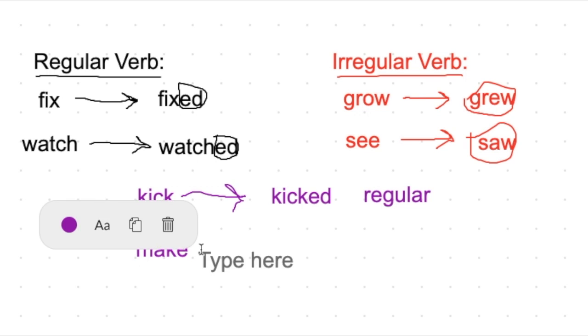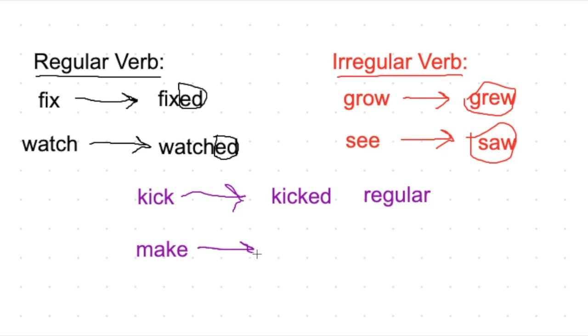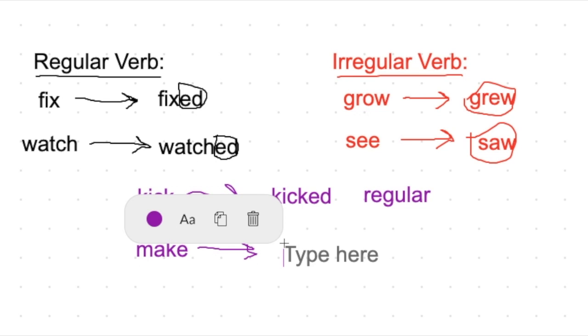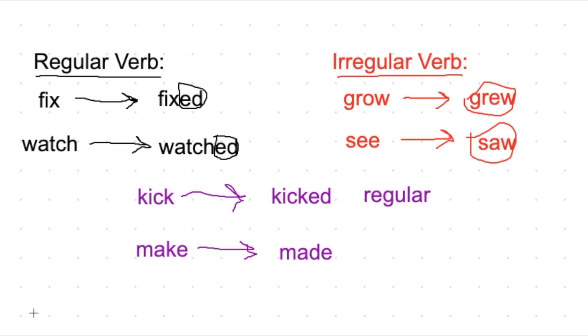We have to change it to made. In this case, we didn't actually have a middle vowel change. We had a consonant change. So we went from make to made.